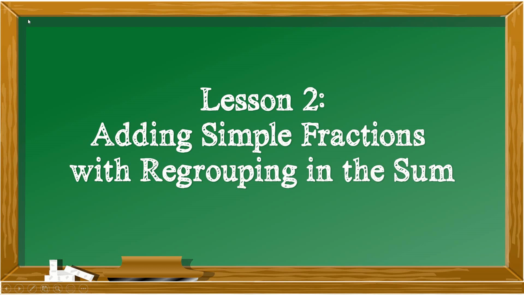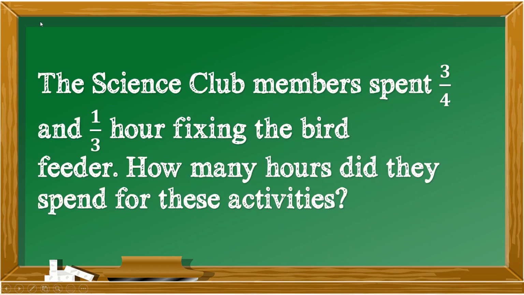Let us go now to lesson 2, adding simple fractions with regrouping in the sum. To start this lesson, let us read this problem. The science club members spent 3/4 and 1/3 hour fixing the bird feeder. How many hours did they spend for these activities?